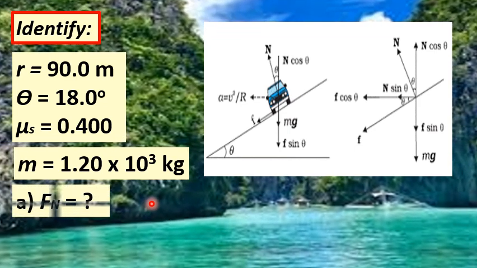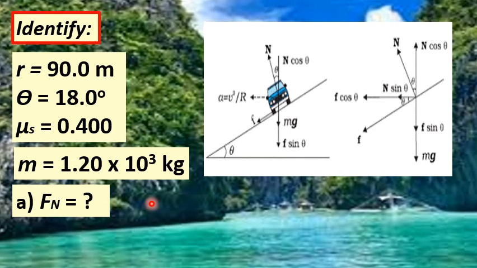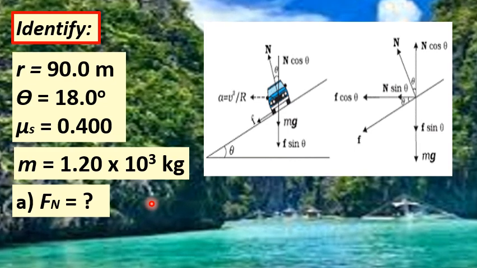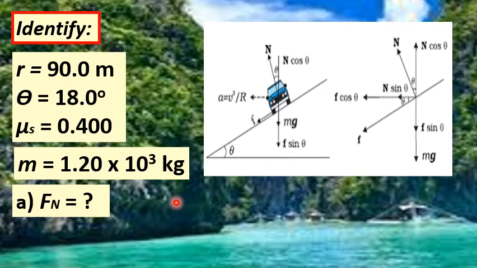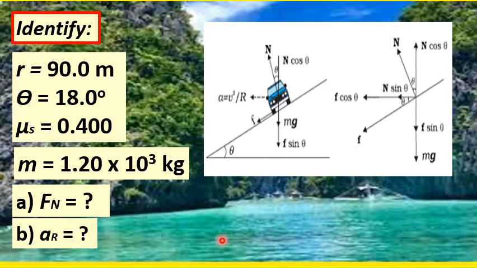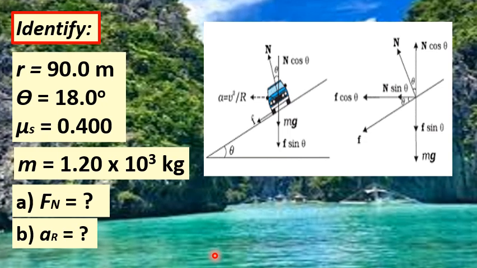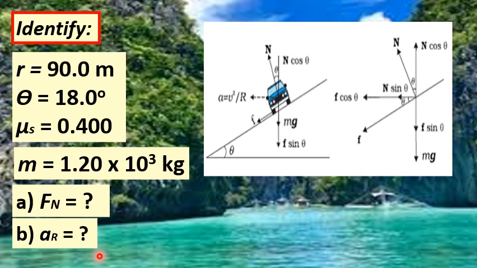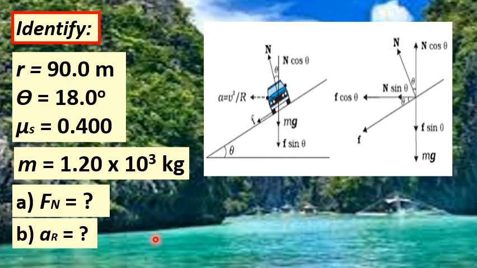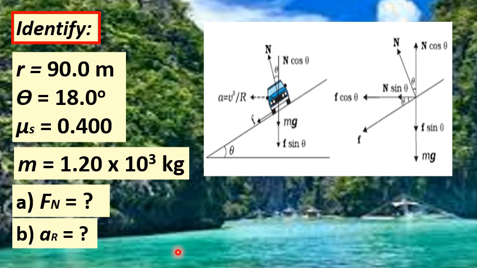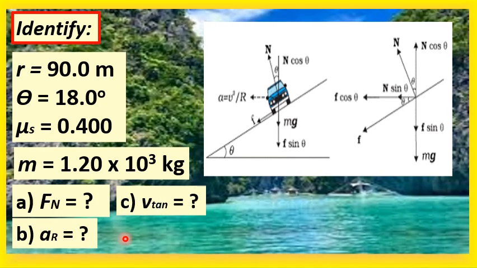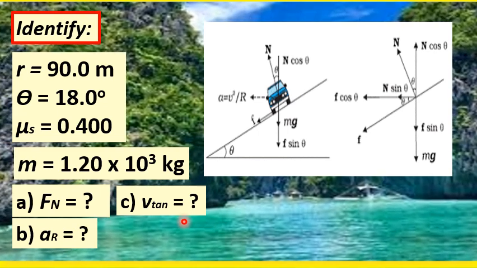And the target variables are letter A, the normal force F sub n exerted by the road on the car as it rounds the curve. Letter B, the radial acceleration denoted by a sub r, also known as the centripetal acceleration. And letter C, we are also asked to find the tangential speed of the car.